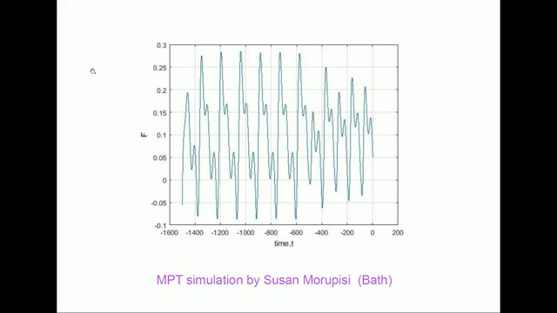One of my PhD students, Susan Morapisi, who's actually here in the audience, has worked on this, and this is some of her own calculations using climate models. And the evidence here is that there is something like that happening, a mid-Pleistocene transition. The reason we think is that the climate can basically exist in a number of different states.